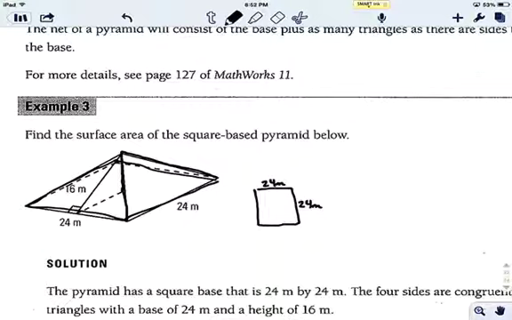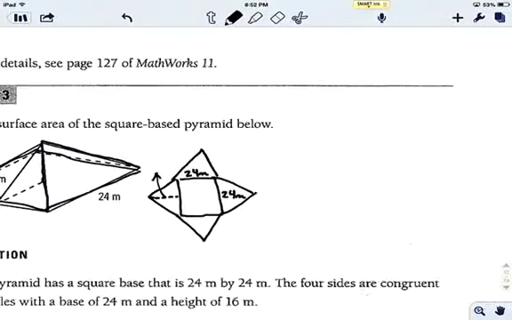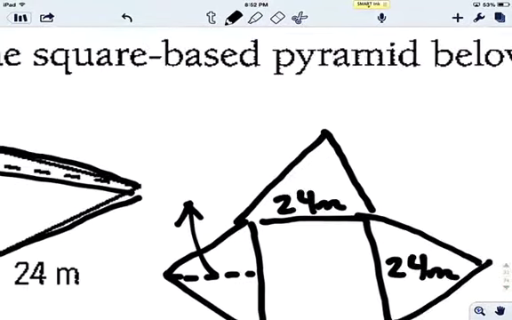There's 4 total. Let's draw these triangles here. Now these triangles are all the same, and it's telling us here that the height of these triangles is 16 meters. I'll write that in here, 16 meters.